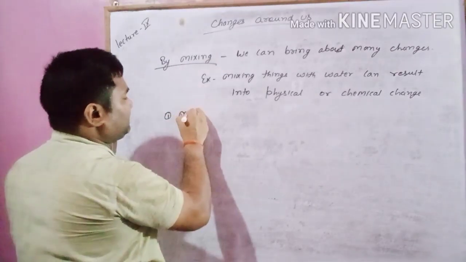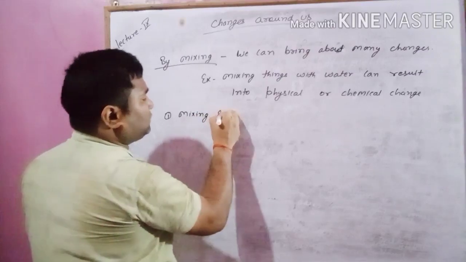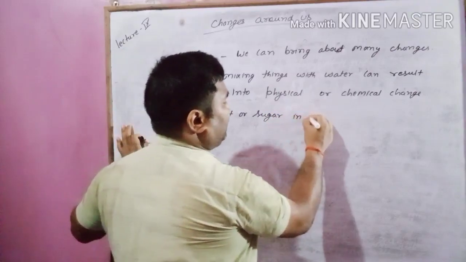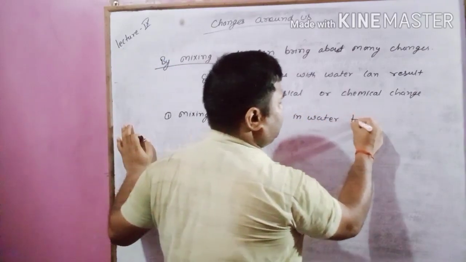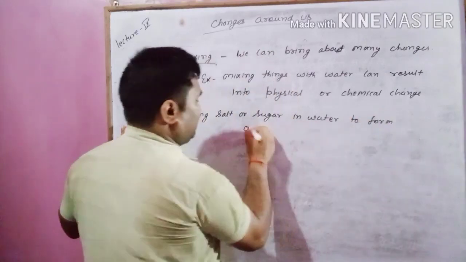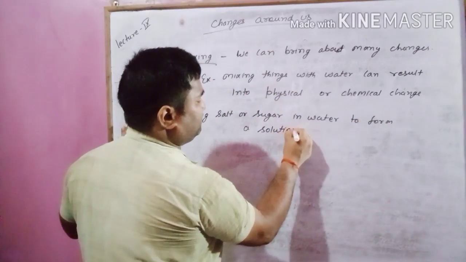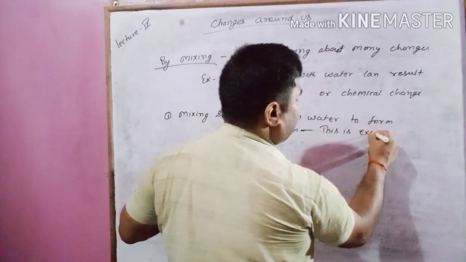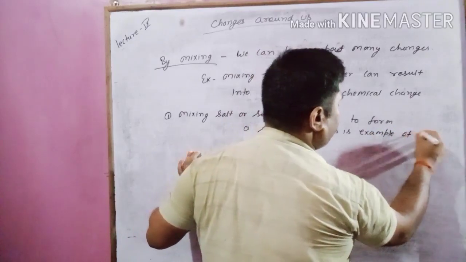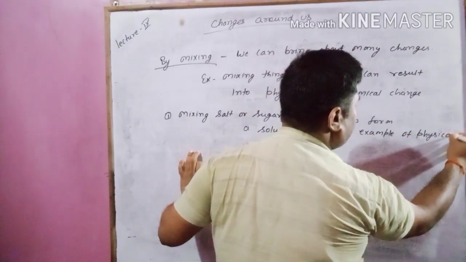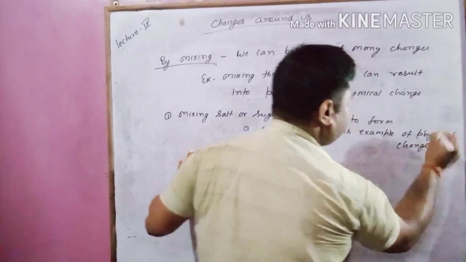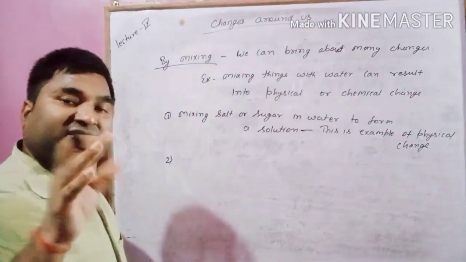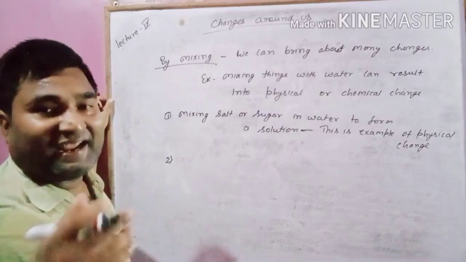First, mixing salt or sugar in water to form a solution. This is an example of physical change. Next, quicklime mixed with water changes into slaked lime.